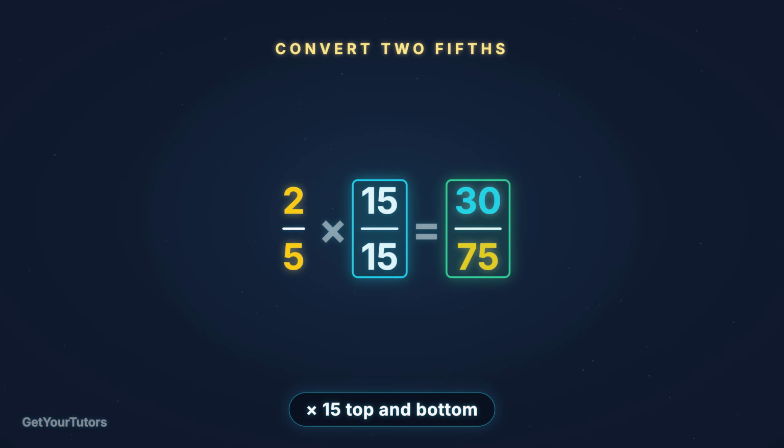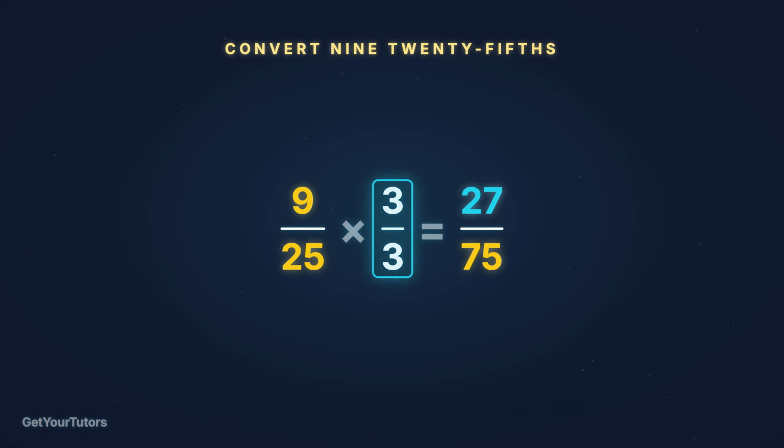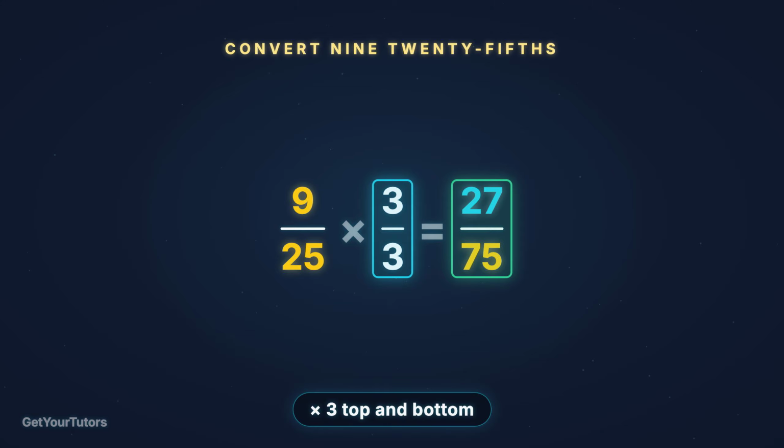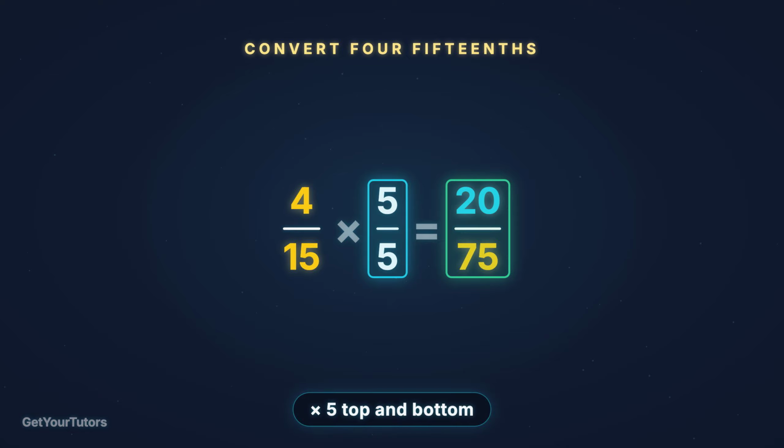Multiply 9 over 25 by exactly 3. It becomes exactly 27 over 75. Multiply 4 over 15 by exactly 5. It transforms into exactly 20 over 75.